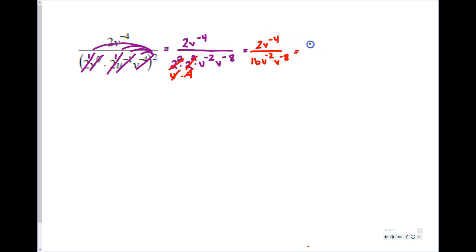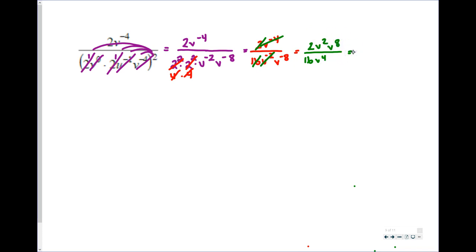Well, the 2 doesn't move because it doesn't have a negative exponent. Cool. The v definitely moves here. That v is going to go to the bottom and become 4. Cool. 16 does not move. In fact, I'm going to put the 16 in front because it's easier than the v to the 4th here. Okay, 16 stays. This u to the -2 moves up here, and the v to the -8 also moves up there, and they all become positive.